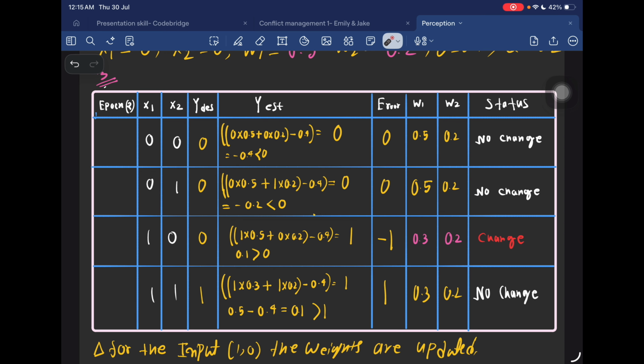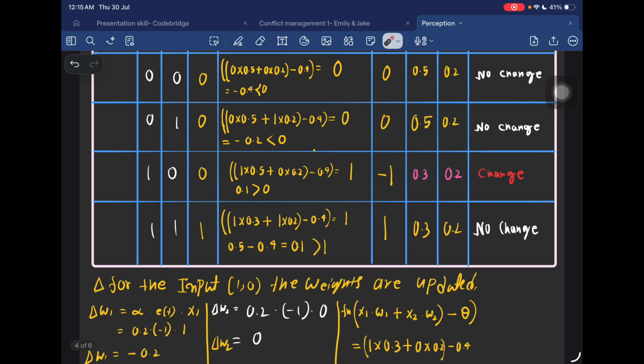Our activation function result is minus 0.2, which is less than or equal to 0, so we consider it as 0 and our error value is 0. Here we make no change because our error value is 0. The weights stay 0.5 and 0.2. Okay, the state is unchanged.